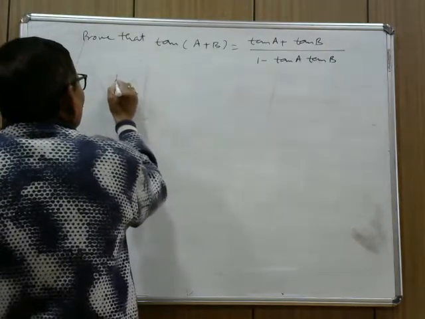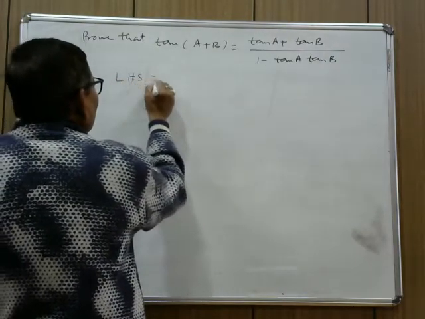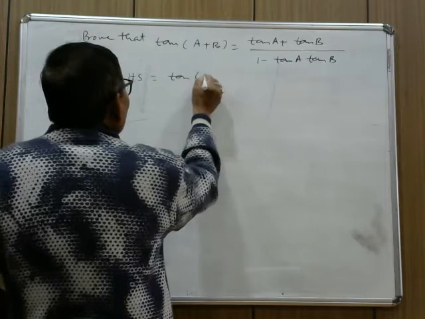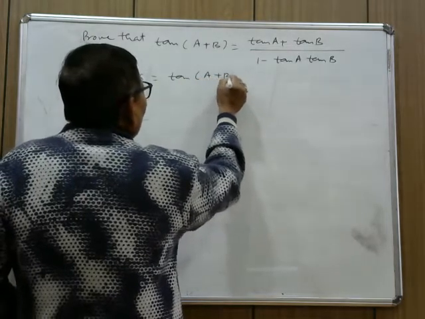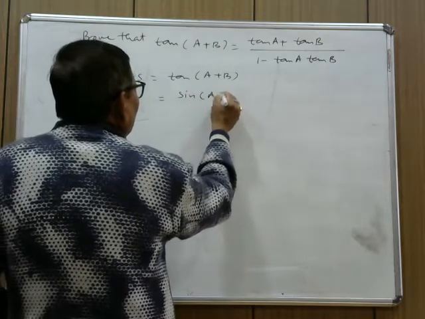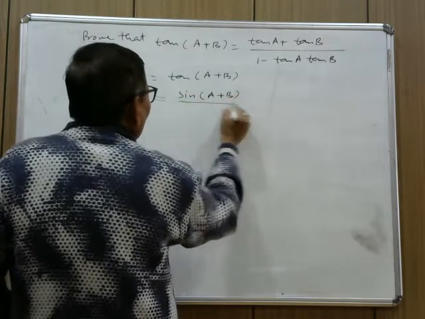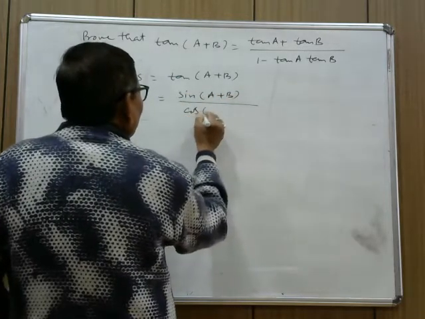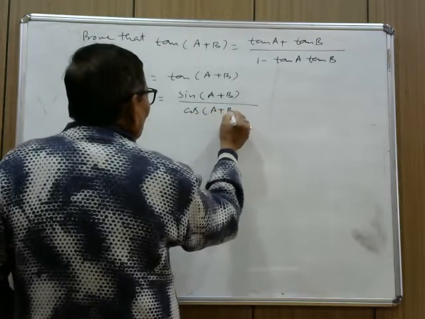Now, LHS equals tan(A plus B), and that can be written as sin(A plus B) upon cos(A plus B).